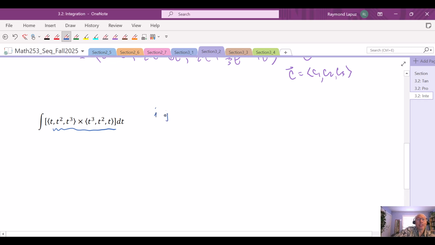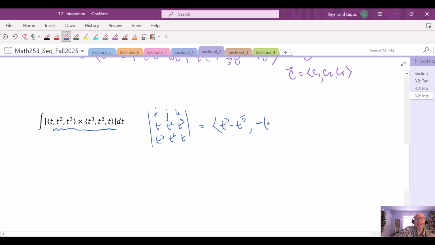So in an ijk matrix, you have t squared, t cubed, and then t cubed, t squared, and then t. Okay, so in the i direction, we're going to get t to the third minus t to the, that would be adding t to the fifth, comma, the middle term will be a negative, and so it'll just undo the negative sign.